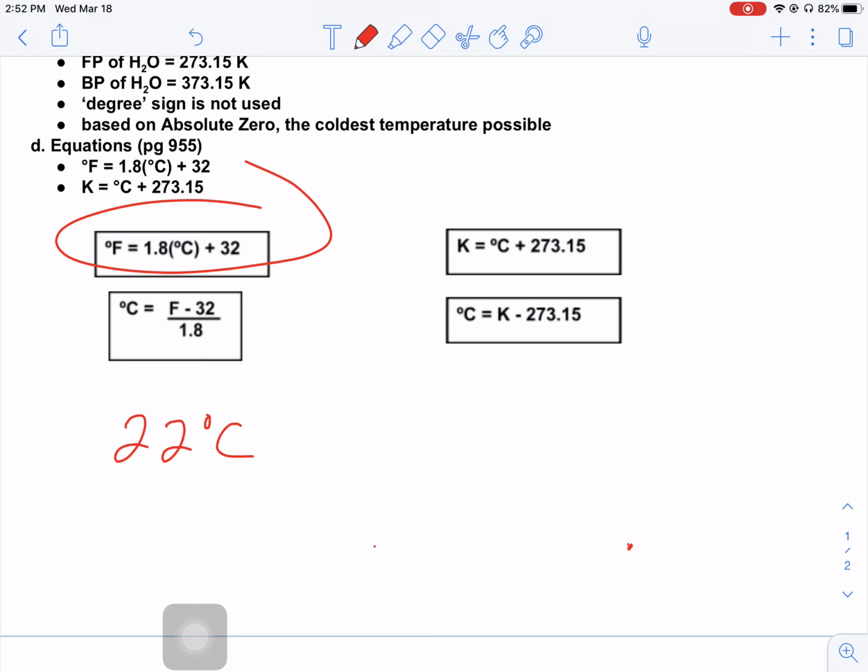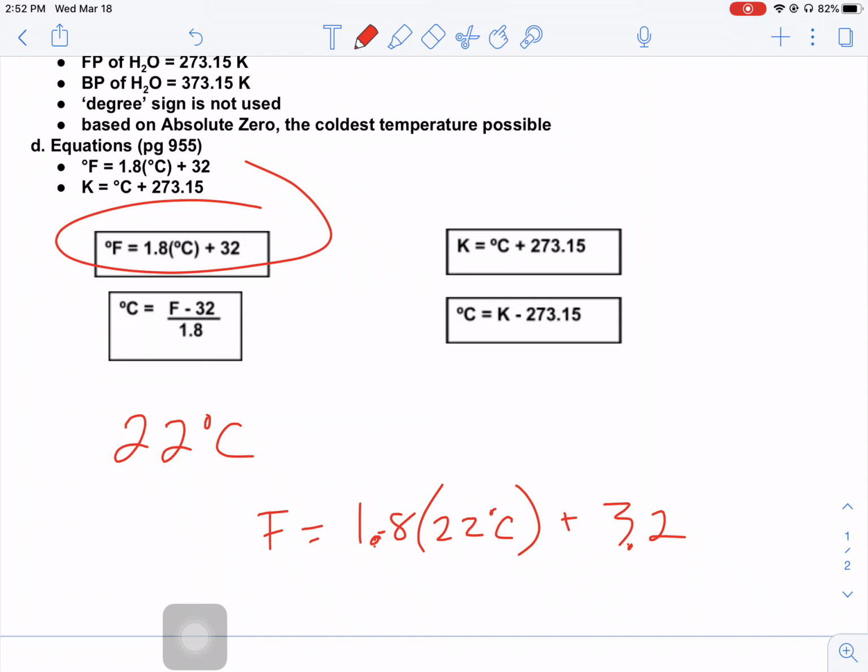So if we're going to want to convert Celsius to Fahrenheit, we're going to say that F equals 1.8, and this time we're going to multiply our temperature. So 22 degrees Celsius times 1.8, and then we're going to add 32 onto the end. Let me get my calculator out. So 1.8 times 22.